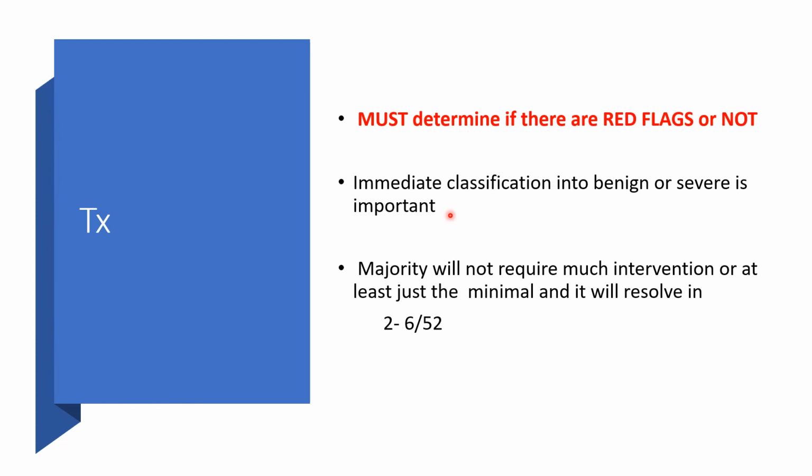So we cannot just be toiling with human lives, making a guess. No, we must make that determination quickly. Either this is benign, and we will do nothing or just a little, or this is severe, and another person must take over right now. That determination must be made immediately.